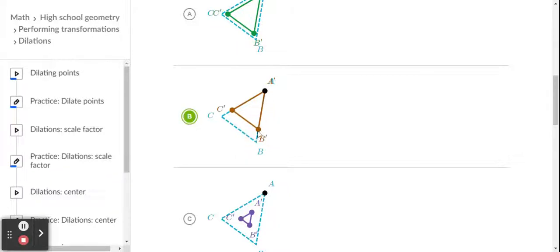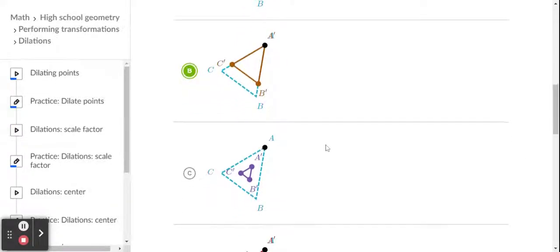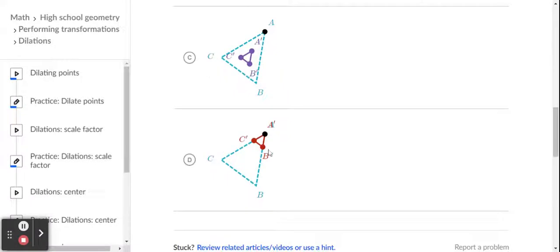Doesn't this line look like it's 3/4 of 1? Let's go over here. So this one, if A to B was originally 1 and you multiplied by 3/4, you should get 3/4, right? It looks like this one is 1/4 of it.